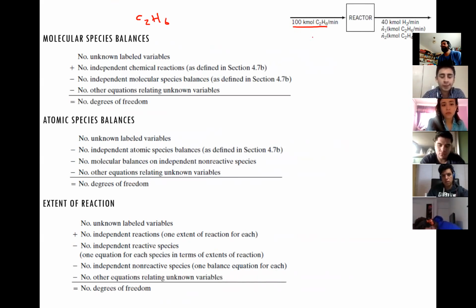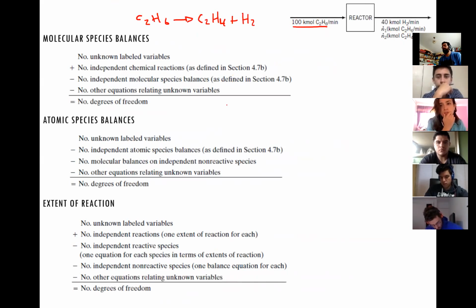And if you see, that's the only reactant, or only reagent. So that particular reagent is going to decompose into C2H4 and hydrogen, right? So we're going to have the decomposition of this one into C2H4 and hydrogen.